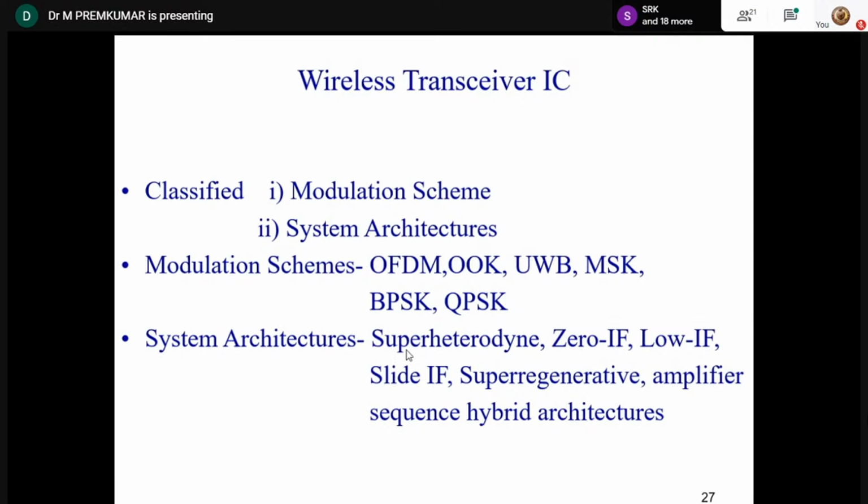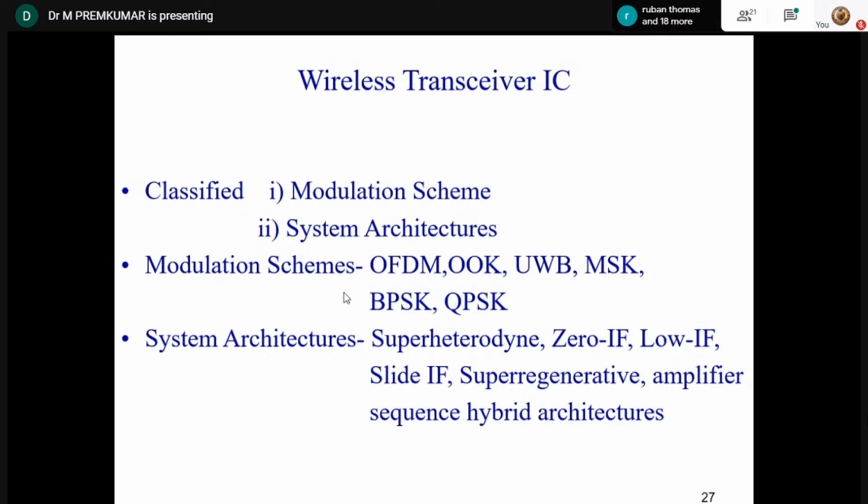You can do some modifications, you can do discovery, or you can do innovation in your startup if you have a very good idea. The architectures will come under the RF section for any startup, and the modulation schemes will come under the baseband section for any startup, in case you go in for a machine vision based wireless system.